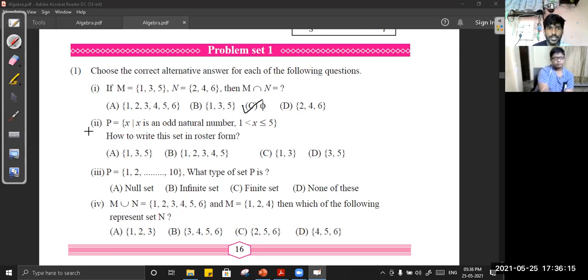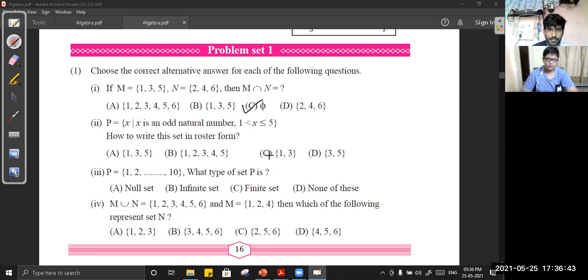Okay, look at the second one. This we did, but still you tell me the answer. P is a set of X such that X is an odd natural number between 1 and 5.